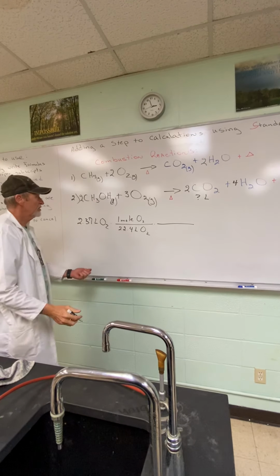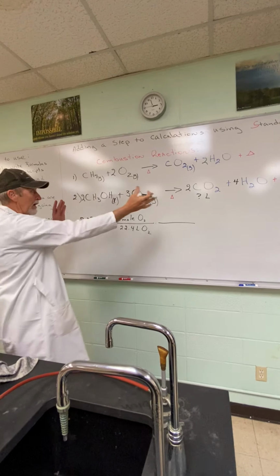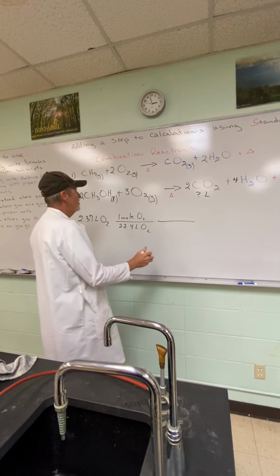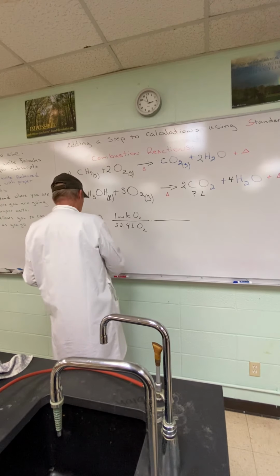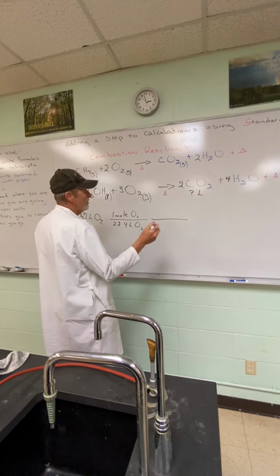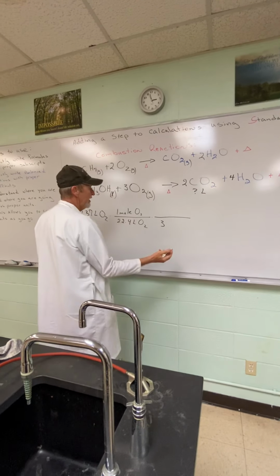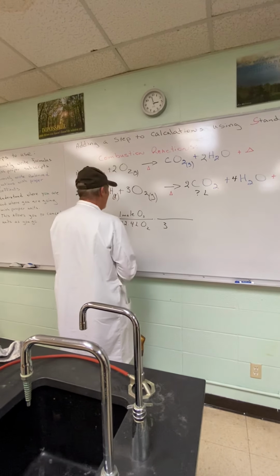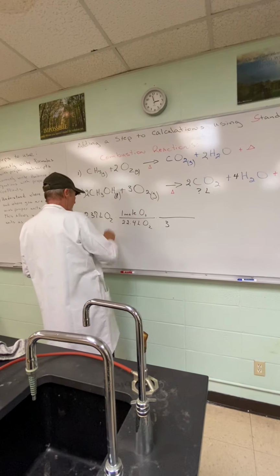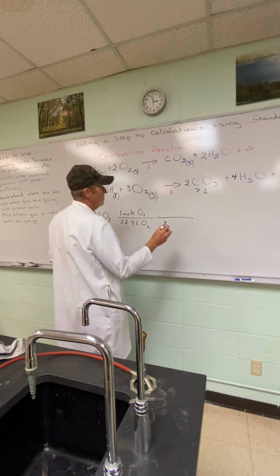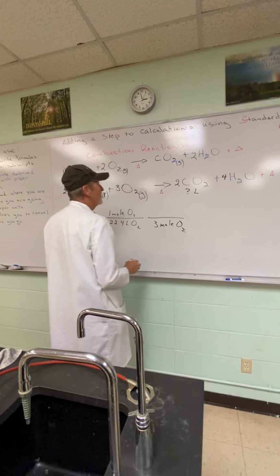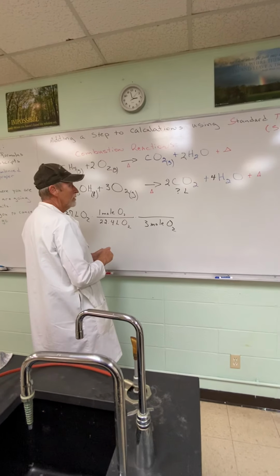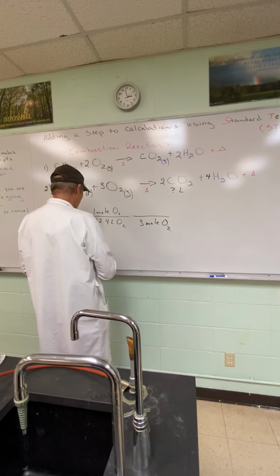Then we go to the next step, our balanced equation, which in this case, oxygen is 3. Some of you sometimes struggle to see where we get that 3. That's the 3 from the coefficient here. 3 moles of oxygen. And we're looking for carbon dioxide.